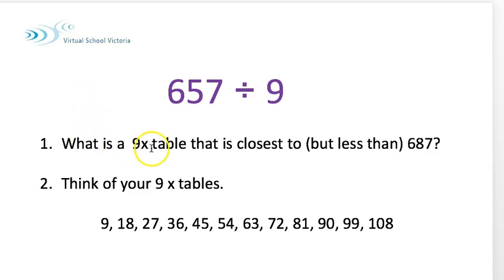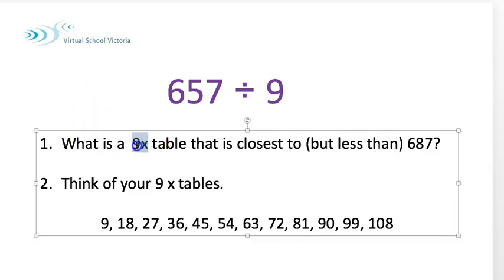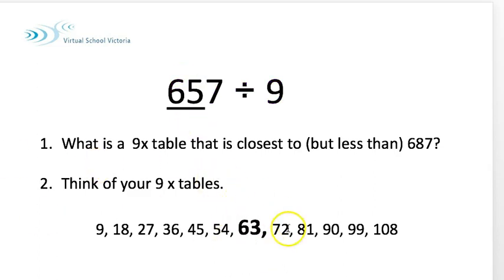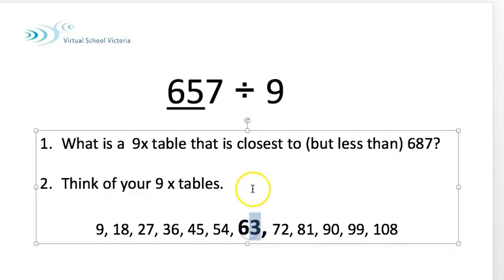First thing we need to do is know our 9 times tables, and we're starting here. So what is a 9 times table that is closest to but less than 65? It is 63. But we have to now use one of those tools to split it.